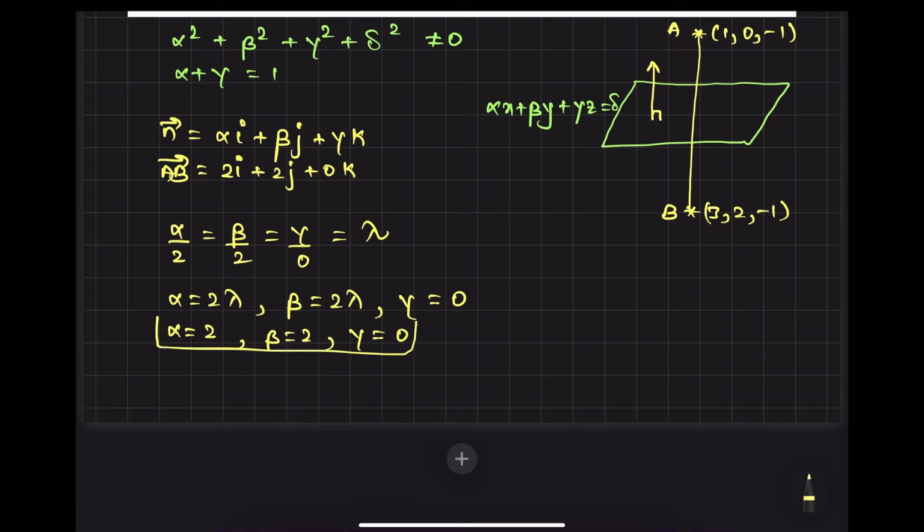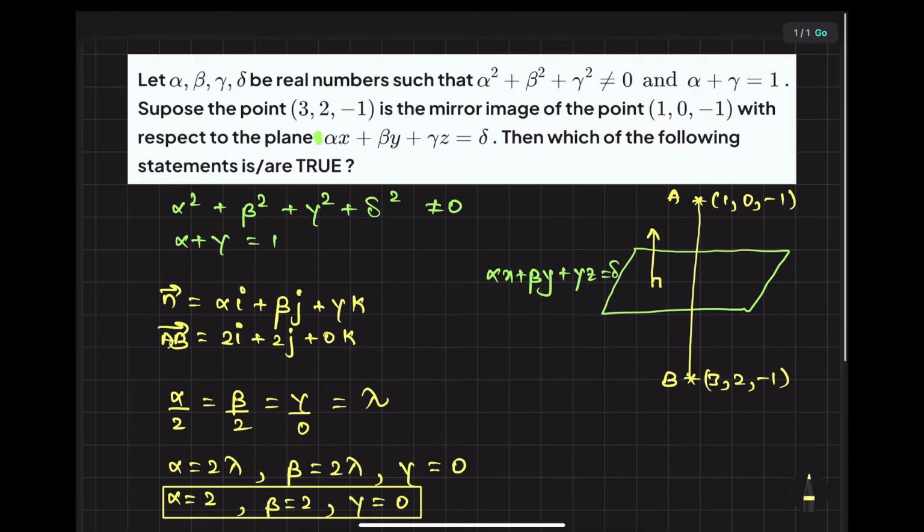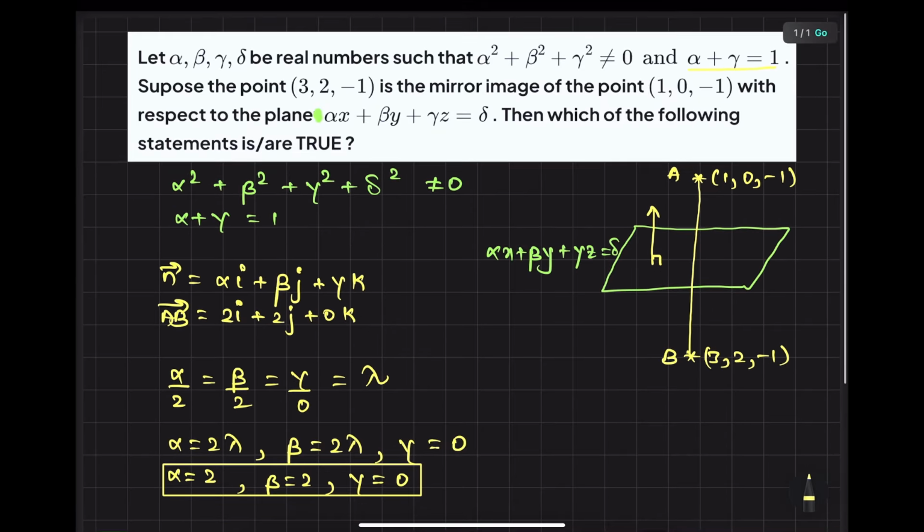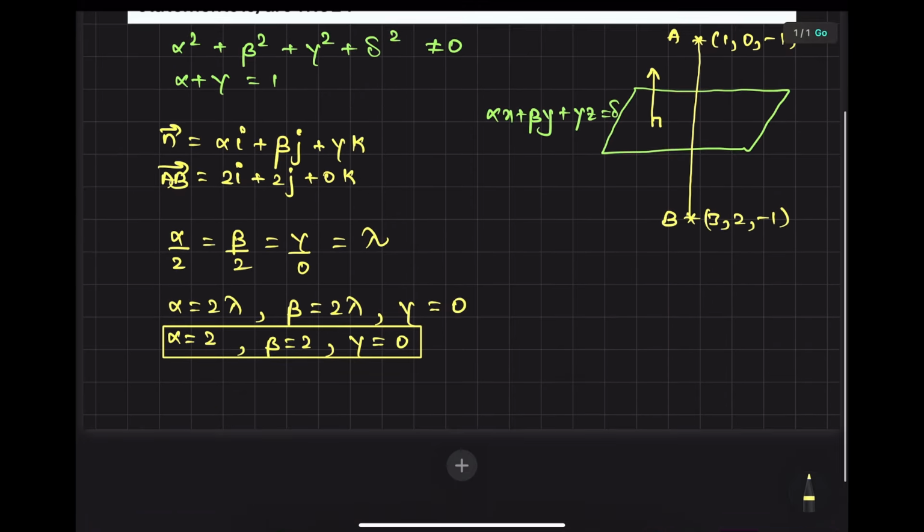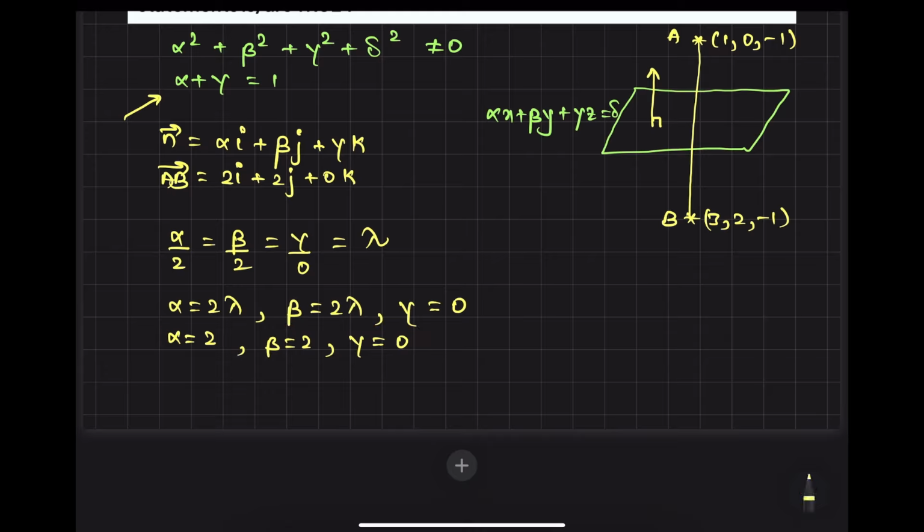So we already figured out these three components, and they are saying that alpha plus gamma is 1. If alpha plus gamma is 1, can I divide all sides by 2 so that we can make it legitimate?